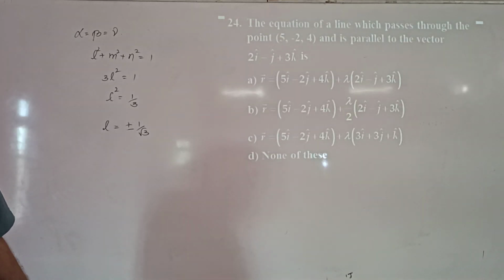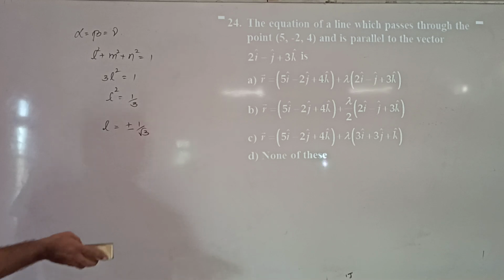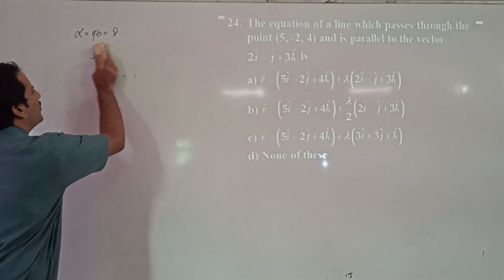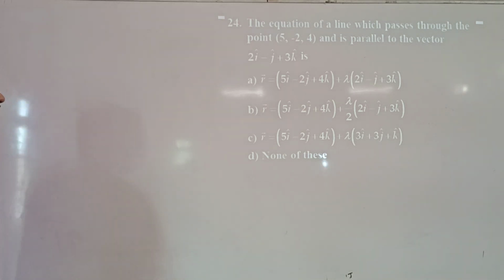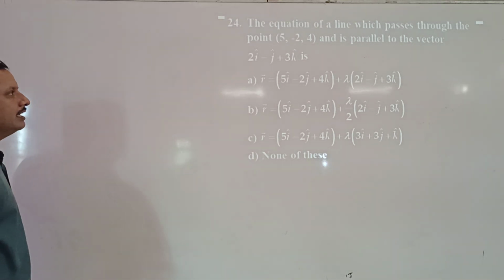24th question. The equation of a line which passes through the point (5, -2, 4) and is parallel to the vector 2i minus j plus 3k is.